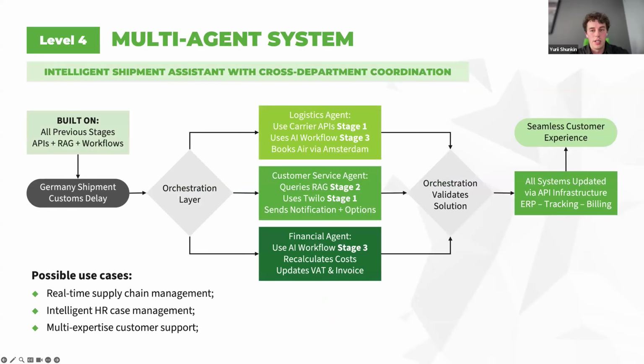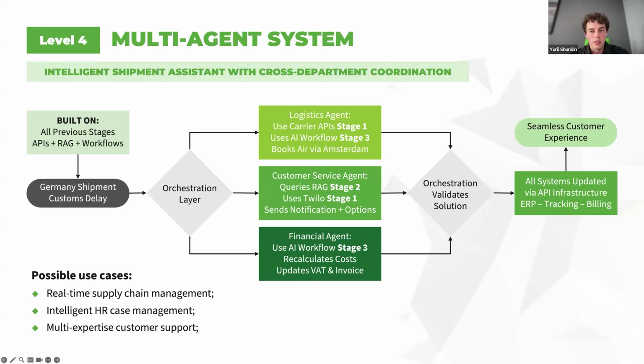In our logistics example, the multi-agent system is not in place yet, but it might look something like this. We have a logistics agent that selects the carrier and books the transport. We have the customer agent that is responsible for handling any customer communication, sends notifications and updates the necessary information. We have the financial agent that recalculates VAT, maybe prepares some invoices and so on.